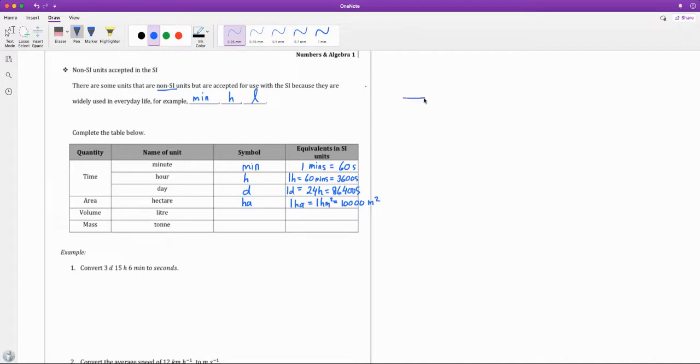So if you remember this chart, the stairs, we have kilometer squared, hectometer squared, decameter squared, meter squared, decimeter squared, centimeter squared, and millimeter squared. 1 hectometer squared equals to 1 hectare.